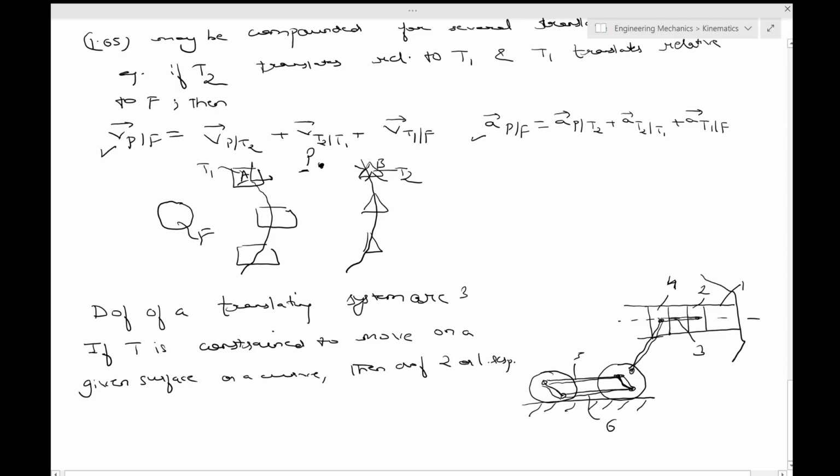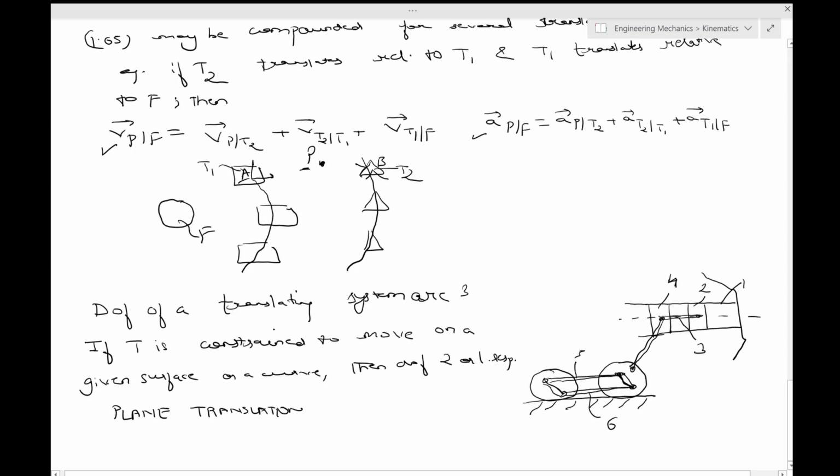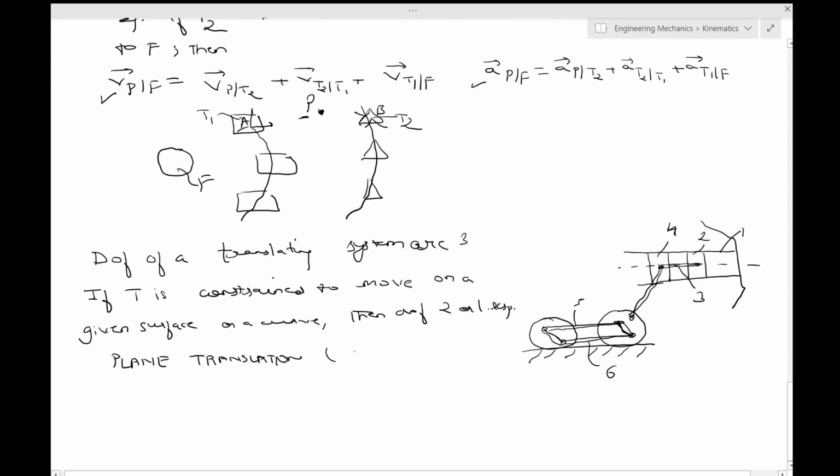Now we can see that if it's along a curve, it will just be a path coordinate, so you would require only one independent coordinate. And it will be called a plane translation. So the degree of freedom will be equal to 2, or a rectilinear translation.